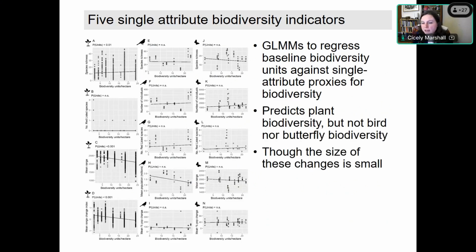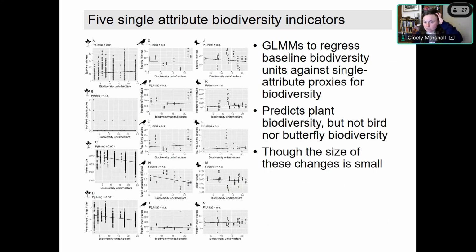We used generalized linear mixed models to regress those baseline biodiversity units against those single attribute proxies of biodiversity. So each point we're looking at here is either a quadrat for plants or a transect for birds and butterflies.